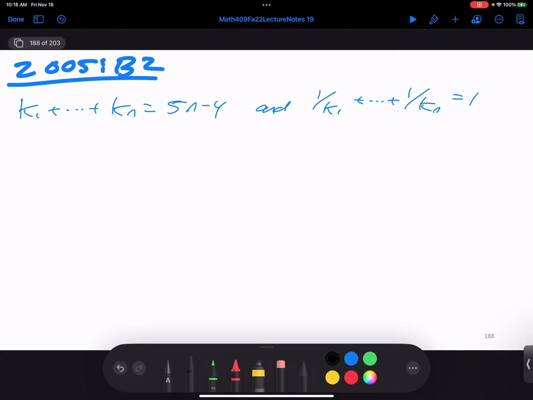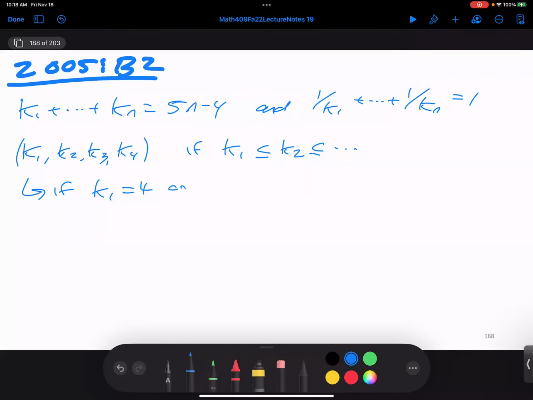Now let's assume we have K1, K2, K3, K4, with K1 less than or equal to K2, and so on. If K1 equals 1, the only option is 4, 4, 4, 4, which works.